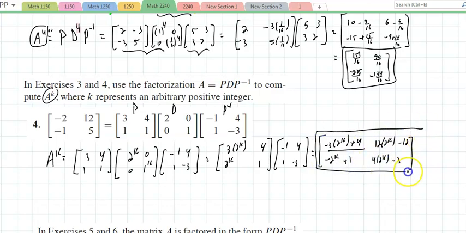That would be the formula for any power of A.